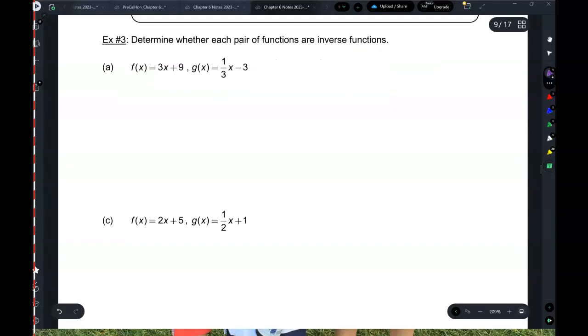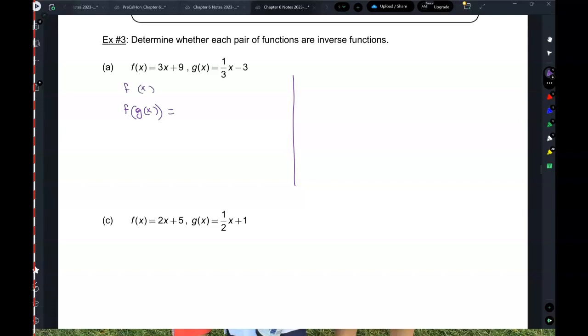Okay, I have these two. So I'm like, are these two inverses? So here's what you do. You divide your workspace into two. In the first one, you're going to do f of g of x. The outer function is f of x. Let me just copy that down. All these x's are going to be replaced by g of x.